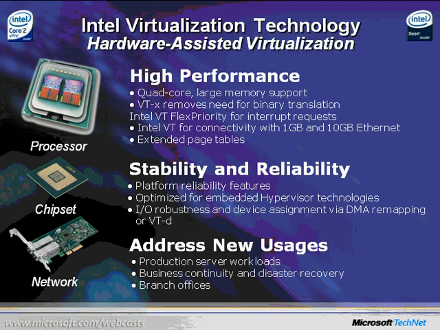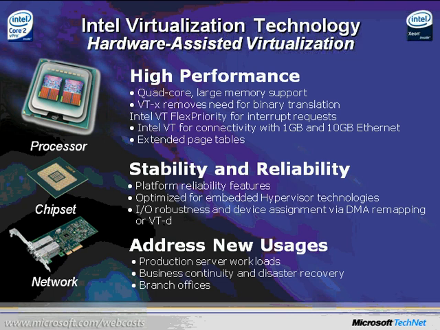Intel VT supports the same results of that binary translation in hardware, so that doesn't need to be performed in software. And that's one of the biggest reasons that Hyper-V has such an increased capacity for virtualizing server workloads over the preceding Microsoft server virtualization solution, which was Virtual Server 2005.